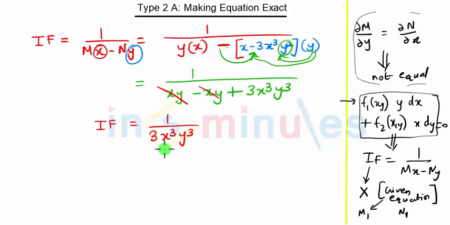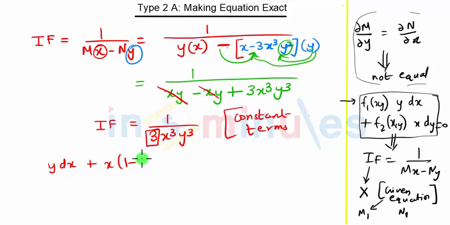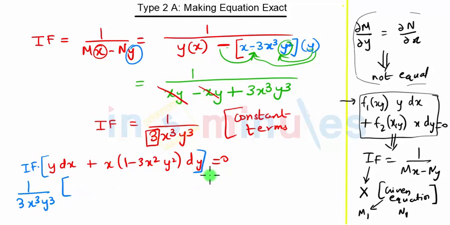So in the integrating factor, we can neglect the constant terms. Like we can neglect this 3, it is a constant. If we multiply by this 3, it will not create any issue. What is our given equation? Our given equation was y dx plus x into 1 minus 3x square y square dy equal to 0. Now we are going to multiply this equation by the integrating factor. So the integrating factor is 1 upon x cube y cube, into this equation.